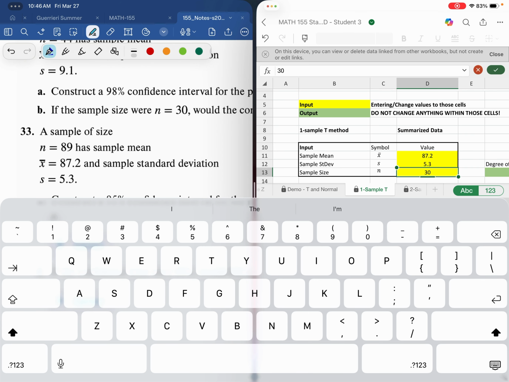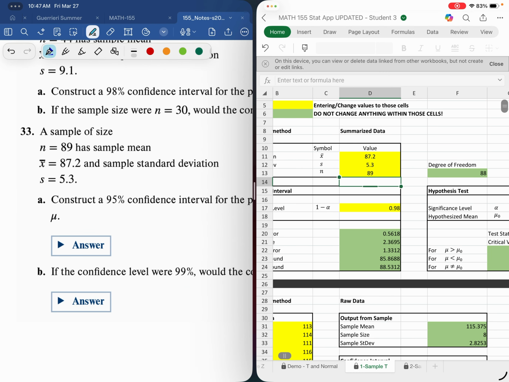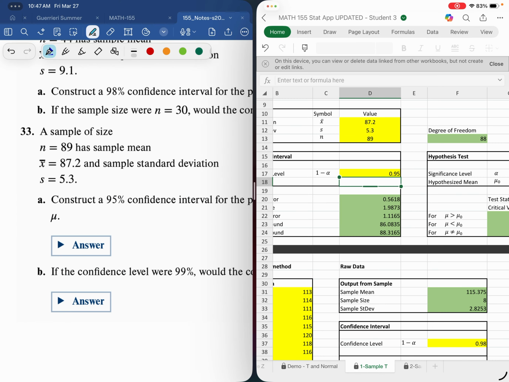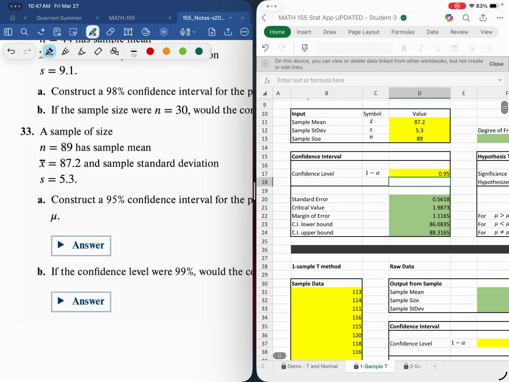We have 89. By the way, that's a very large sample size. When you have very large sample sizes, T and Z are almost the same thing. They do say a 95% confidence interval though, so let's just do that. And we have our interval.